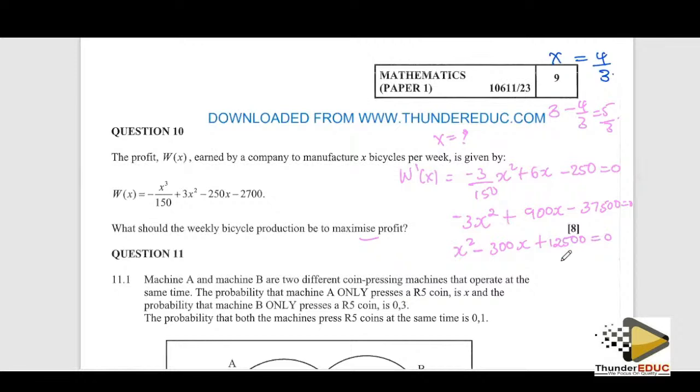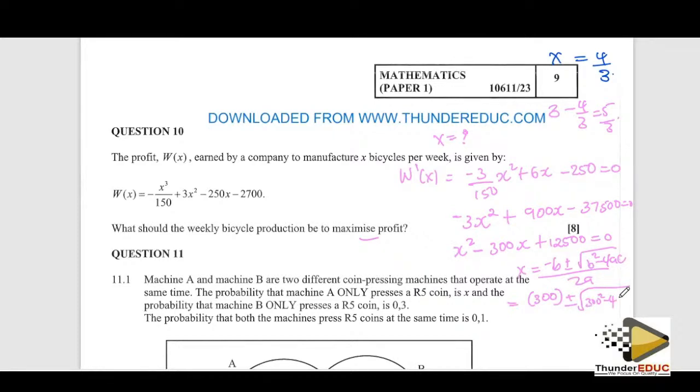Then I can gladly use my quadratic formula. So x is equal to negative b plus or minus the square root of b squared minus 4ac, divided by 2a. So our b is negative 300, so negative b will be positive 300, plus or minus the square root of 300 squared minus 4.